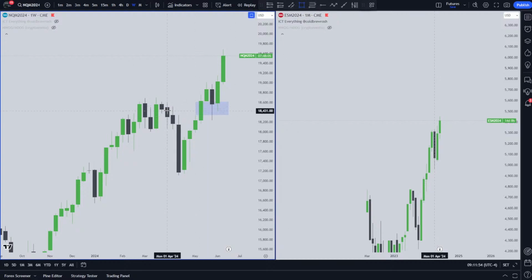So we've got our fair value gap, you've got your order blocks, and this is a breaker because that took the high. So you've got your breaker here, you've got an entire mitigation zone which would be from that high to this low. So that's 4 PD arrays right there.